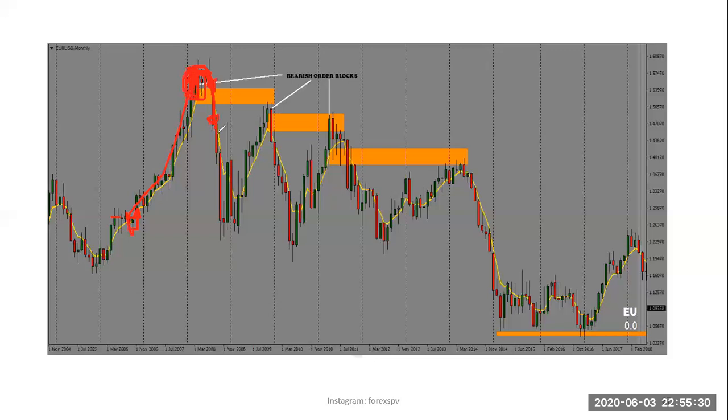So we usually wait for the market to return to this order block and give us a retest around this area and then continue for a downtrend. So this is called a bearish order block because it indicates a start of the bearish trend. And the same, this is called a bullish order block.